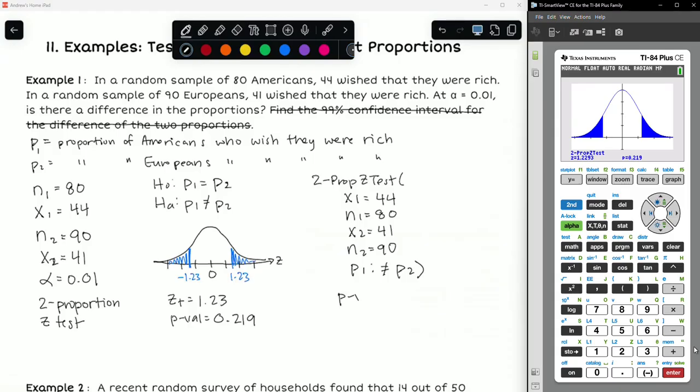Because our p-value is much, much greater than our alpha, we are going to fail to reject the null. Our samples are not different enough for us to feel confident eliminating the claim of equality. Our samples are too close together, proportion-wise, to eliminate that null in support of the alternative.